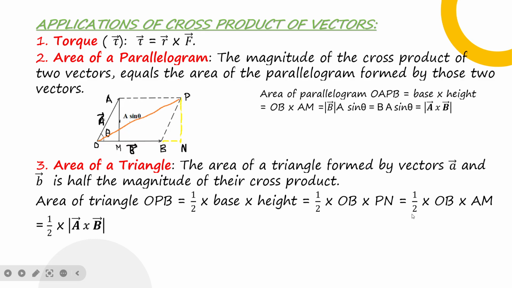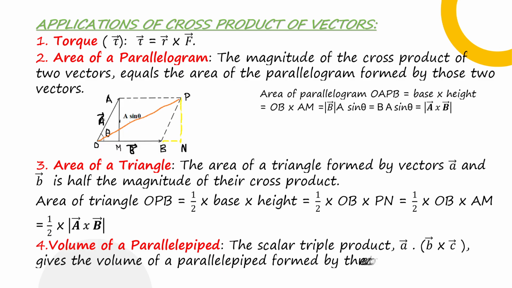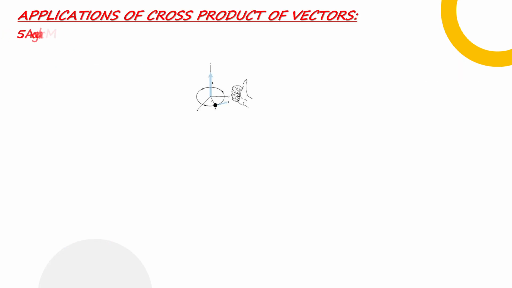So OB into AM is AB sin theta, so the area is half of the magnitude of A cross B. Also, the volume of a parallelepiped can be found by using the scalar triple product, which is vector A dot vector B cross C.